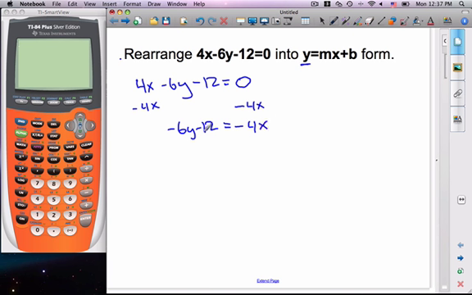Now we want to get rid of this negative 12. The way we do that is we add 12 to both sides. And we end up with negative 6y equals negative 4x plus 12.